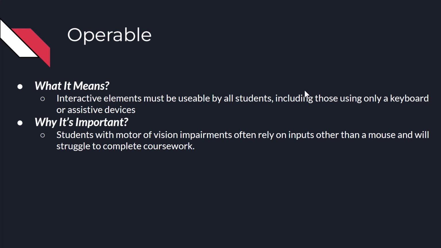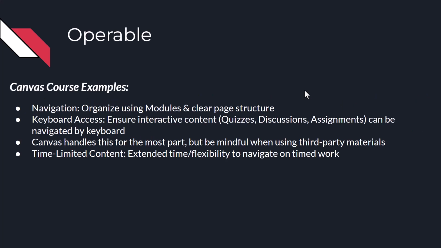There are things that you can do to make things more operable. So like navigation within your course, making sure that your modules are organized and use a pretty consistent structure, or that any pages or content that you create are the same way. That way, if I'm a student using a screen reader to find something, I can start to predict where things will be so I don't have to listen to the screen reader read me every single word every single time.